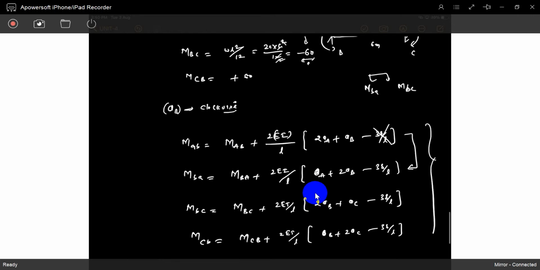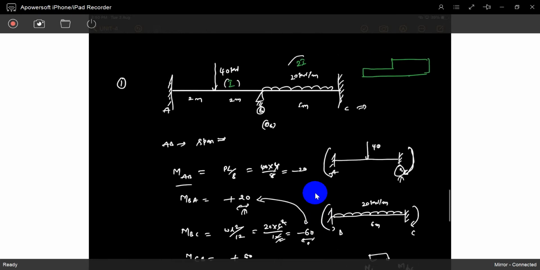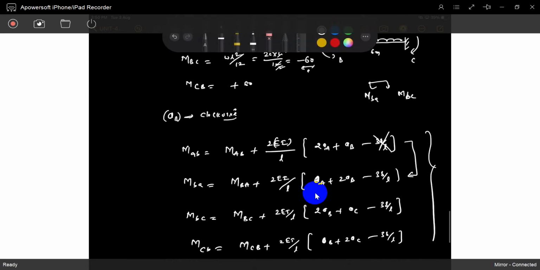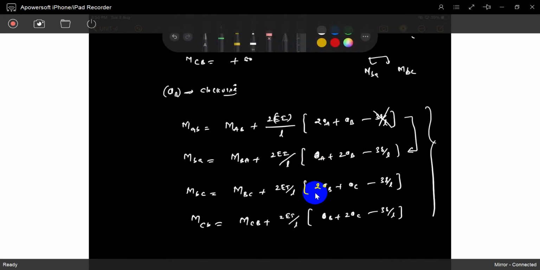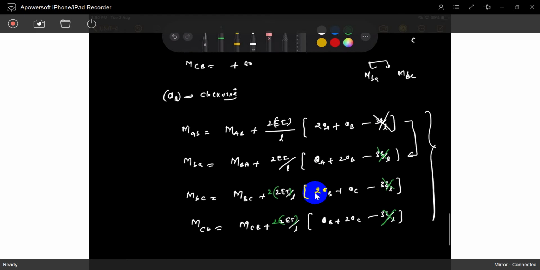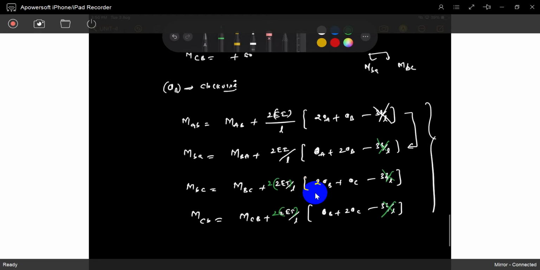Now you will observe it has 2I, so include that 2. Once you observe it, there is no differential settlement for the AB span, and for the BC span also there is none. Strike it out.